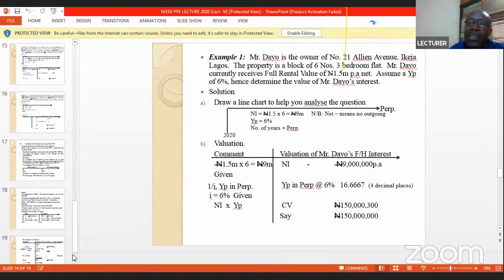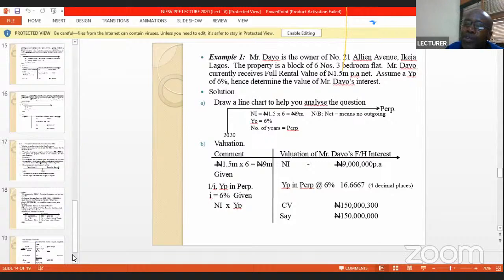So your responsibility is to determine the net income. After that, you try to choose the correct YP. After that, you multiply the YP with the net income. Whatever you have is the capital value.